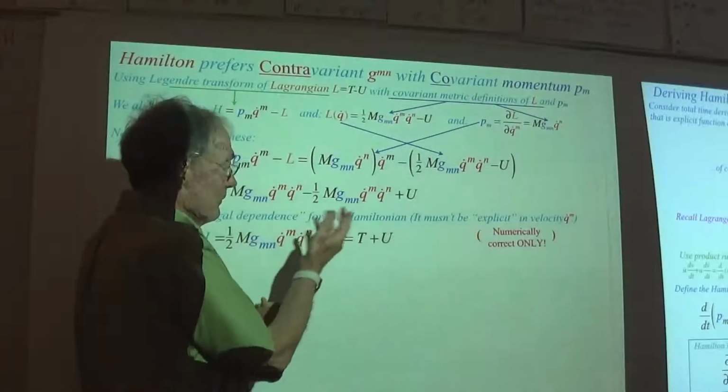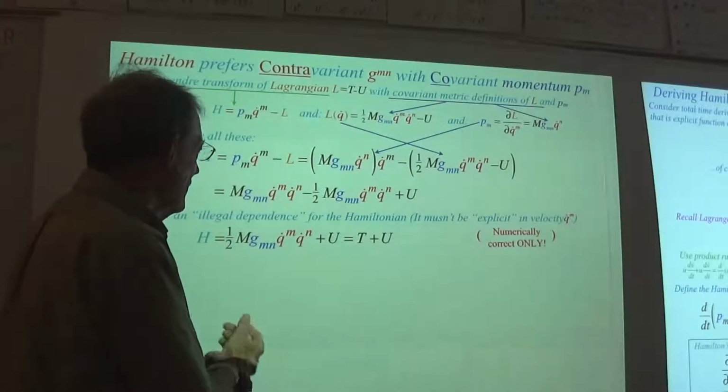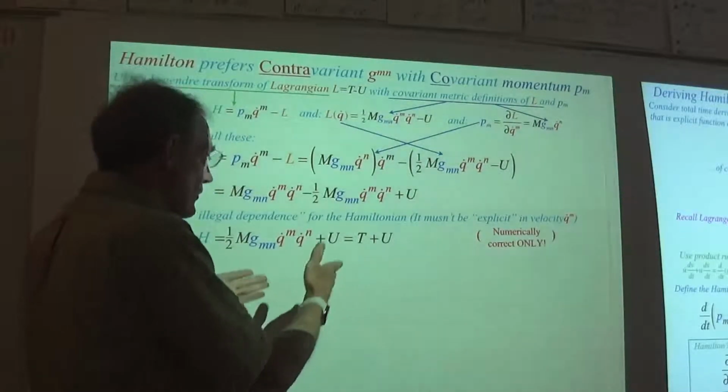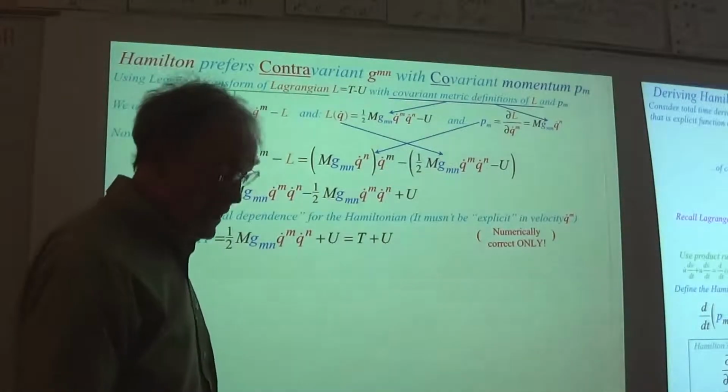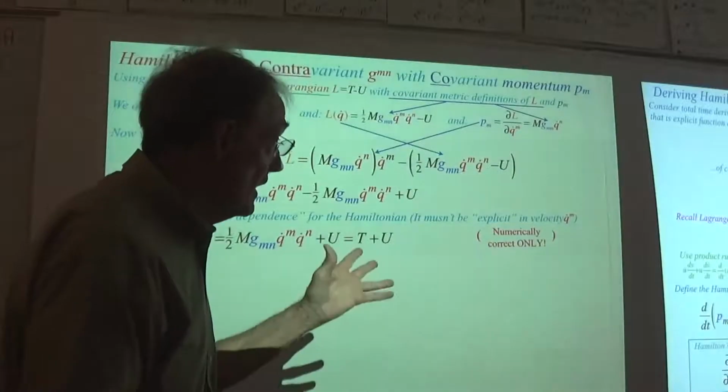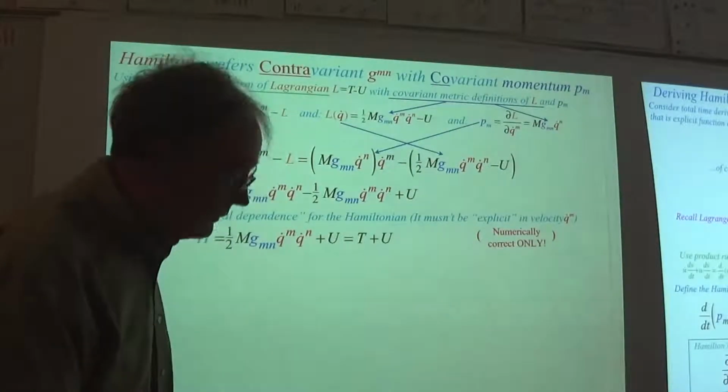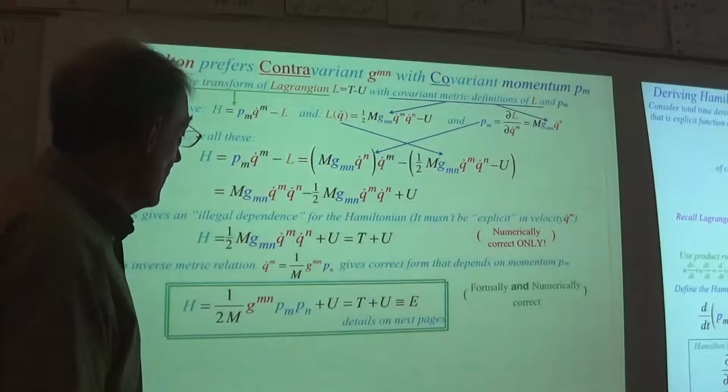So this is sort of saying, we haven't done anything here numerically, and this is correct numerically, but it is definitely not correct for functionality. It doesn't have the right functional dependence that makes the calculus possible.